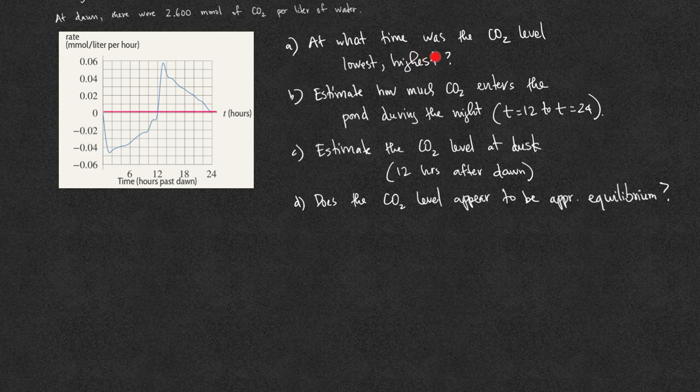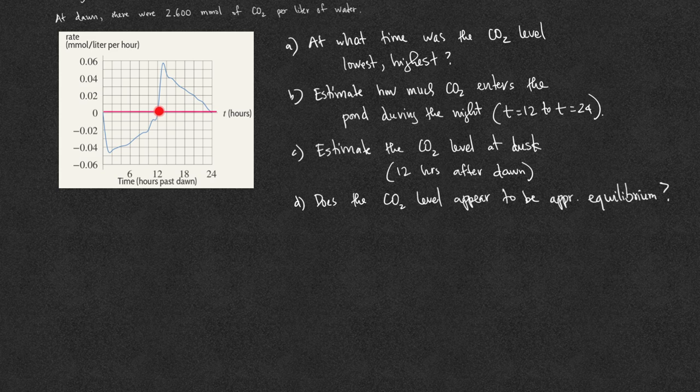To determine the time when the CO2 level is lowest or highest, we observe that the graph is the rate at which CO2 is leaving or entering the pond. The rate is negative from 0 to 12 and positive from 12 to 24. T equals 0 represents dawn, and t is the hours past dawn.